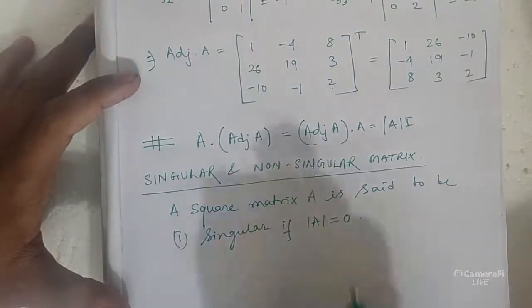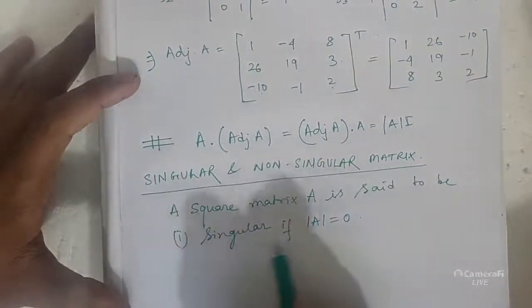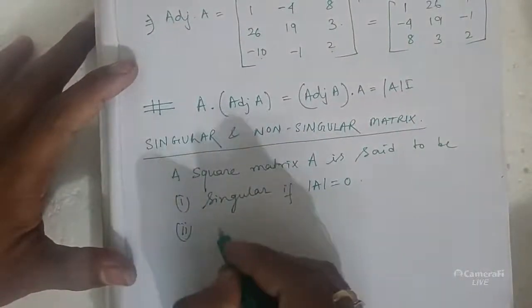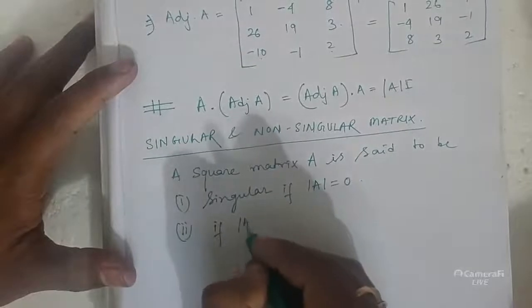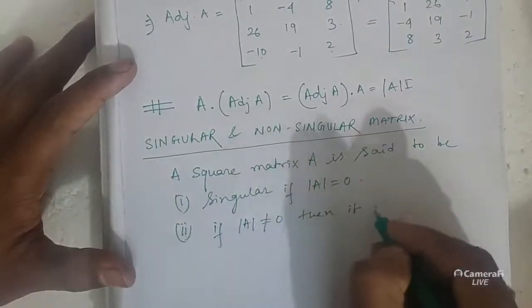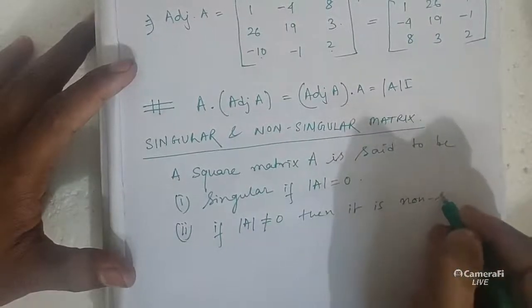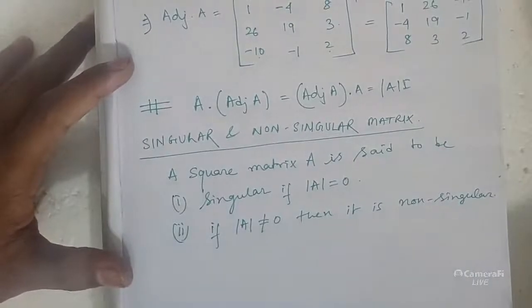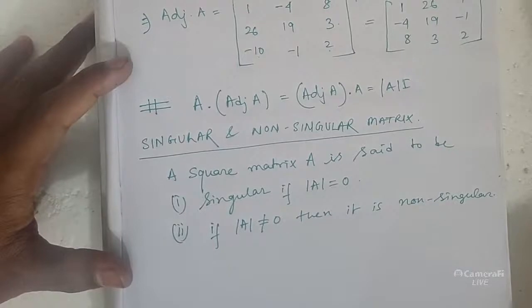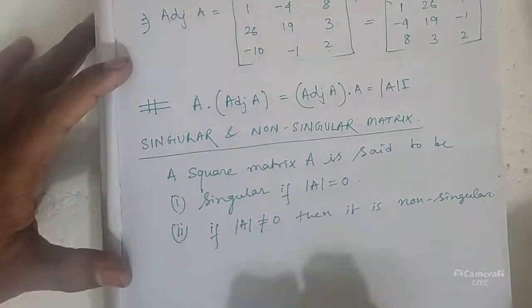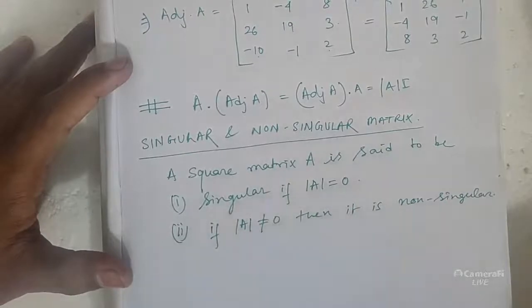If the determinant value is equal to 0, then the matrix is said to be a singular matrix. And if the determinant A is not equal to 0, then it is non-singular. Very important definition. These two you have to remember: whenever the determinant value of the matrix is equal to 0, the matrix is said to be singular, and when it is not equal to 0, then it is non-singular.